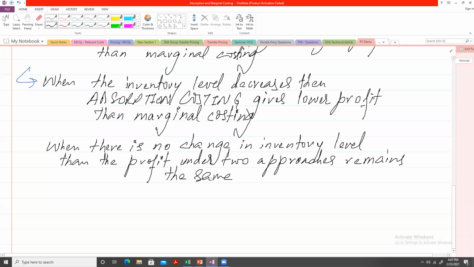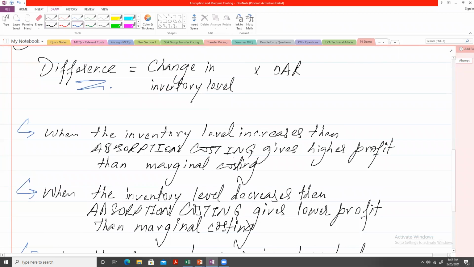Both marginal and absorption costing give the same profit figure. Speaking of inventory level, when the inventory level increases, absorption costing gives a higher profit, as I have written in front of you.